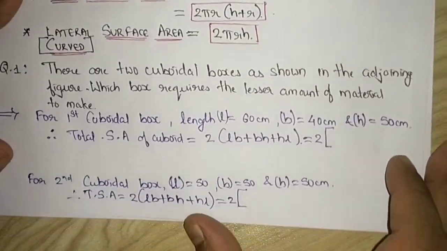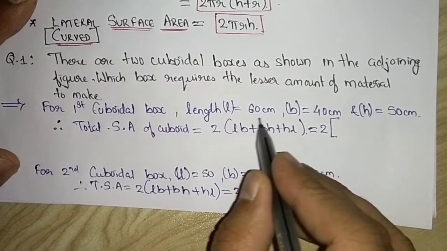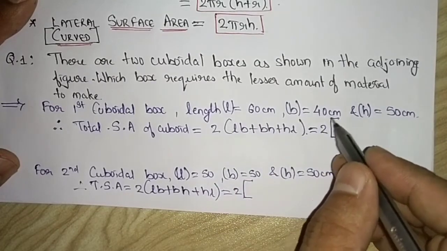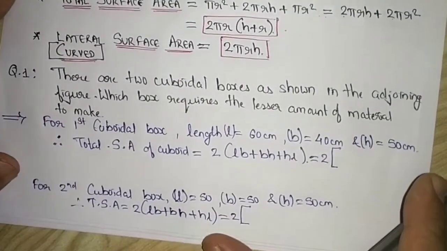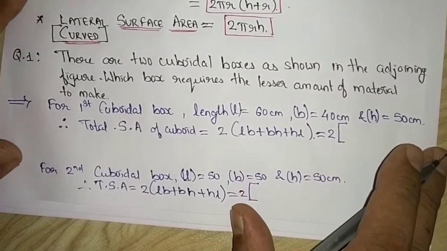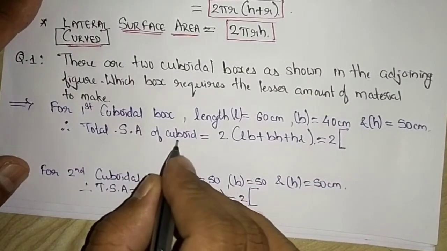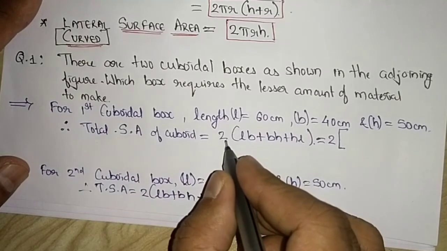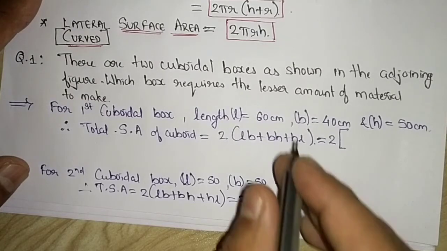For the first cuboidal box, the length is 60 centimeter, breadth is 40 centimeter and height is 50 centimeter. And you know the area to find the material is nothing but the total surface area of the cuboid, and its formula is 2 into bracket LB plus BH plus HL.